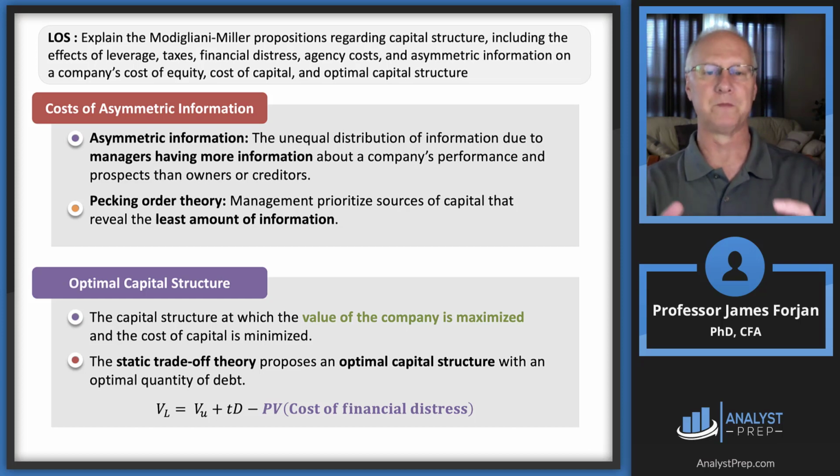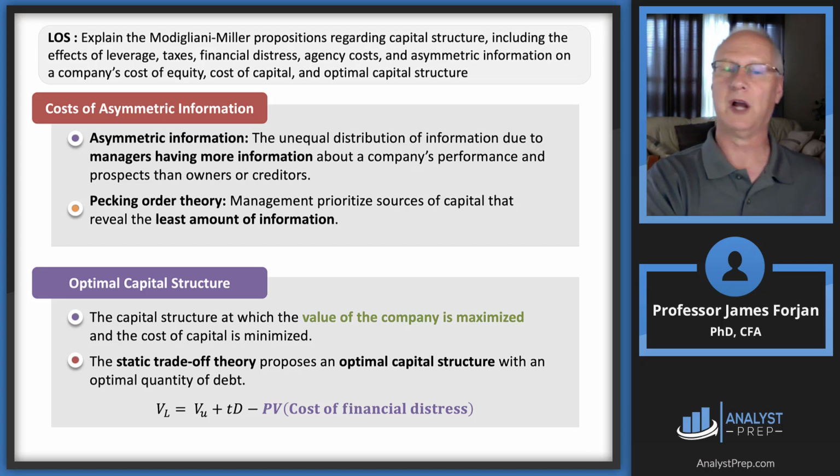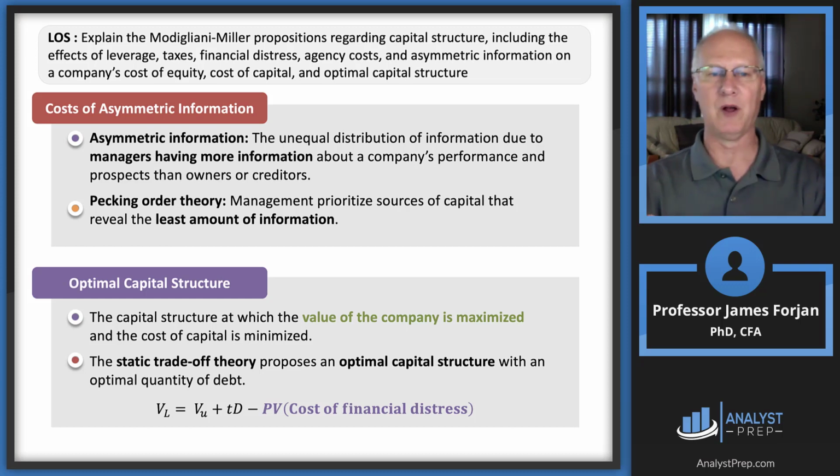What do firms do? They find projects that have lots of cash flows so that those projects are going to have positive NPVs. That's the primary wealth maximization decision. But then a secondary wealth maximization decision is to look on the right-hand side of the balance sheet and say, okay, if I issue a bond, am I going to increase or decrease value? If I issue shares of stock, am I going to increase or decrease value?